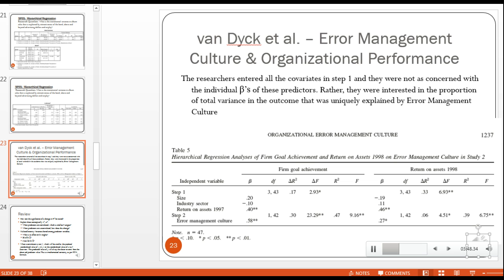The size of the organization they thought would matter for organizational performance. They thought the industry sector might matter, and I'm not sure how they coded that. I'd have to go back and look, but we'll talk more about coding later anyway. And finally, return on assets in 1997. So here's another case of an example where we want to use as a covariate an indicator of the trajectory of the organization before the intervention was implemented.